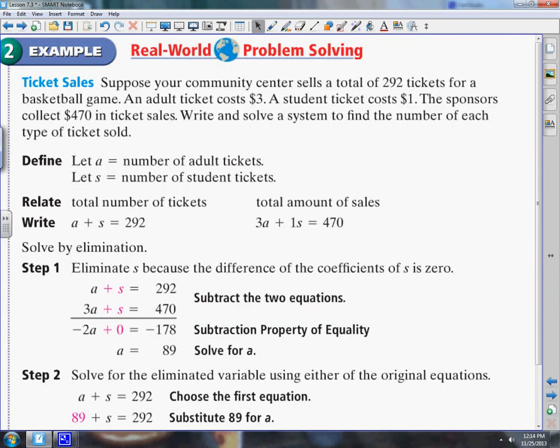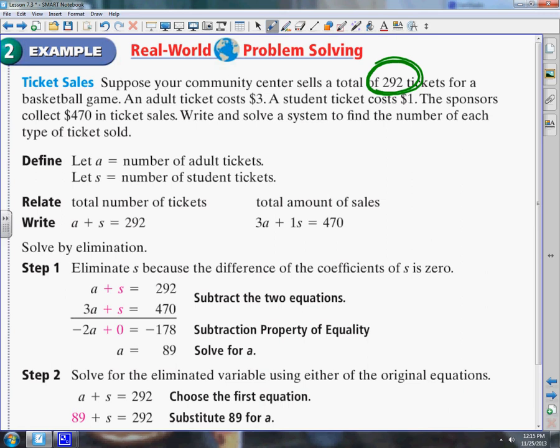Suppose your community center sells a total of 292 tickets for a basketball game. An adult ticket costs $3, a student ticket costs $1. The sponsors collect $470 in ticket sales. Write and solve a system to find the number of each type of ticket. First of all, you have to realize that you sold 292 tickets.